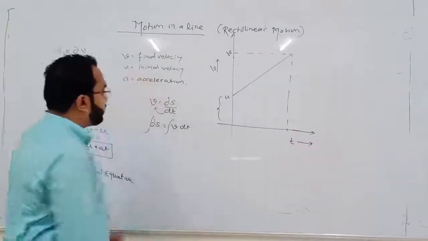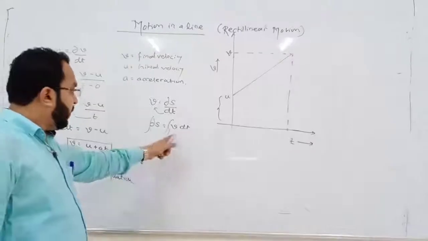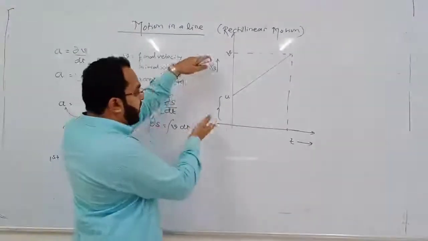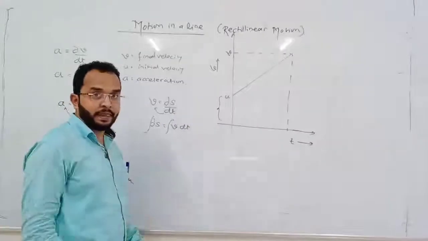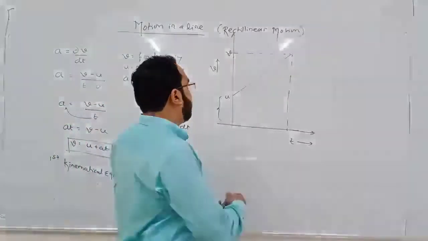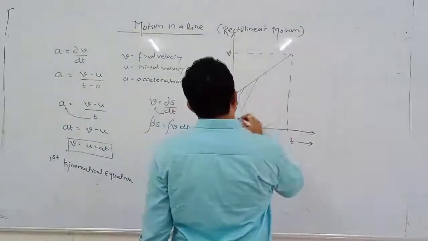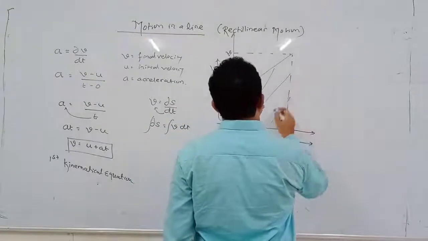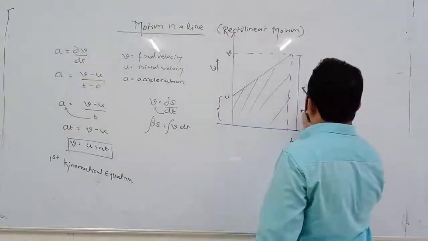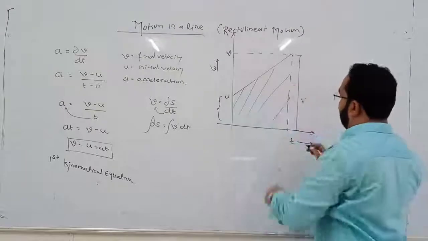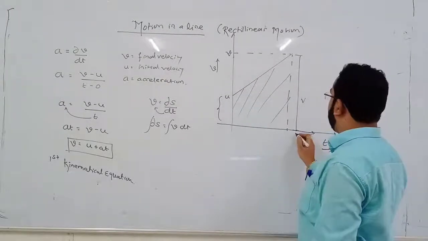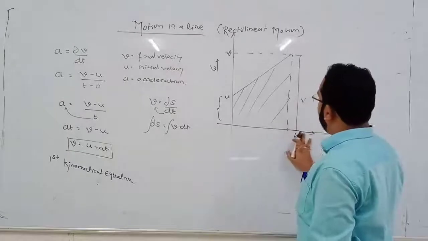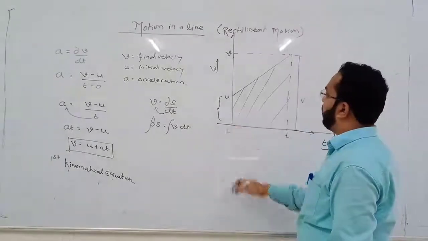So this v into dt, what is it? Velocity into time. This product is nothing but the area of this curve. Suppose I want to find the area of this curve. This is the final velocity after time t. This is the time t. This is 0.